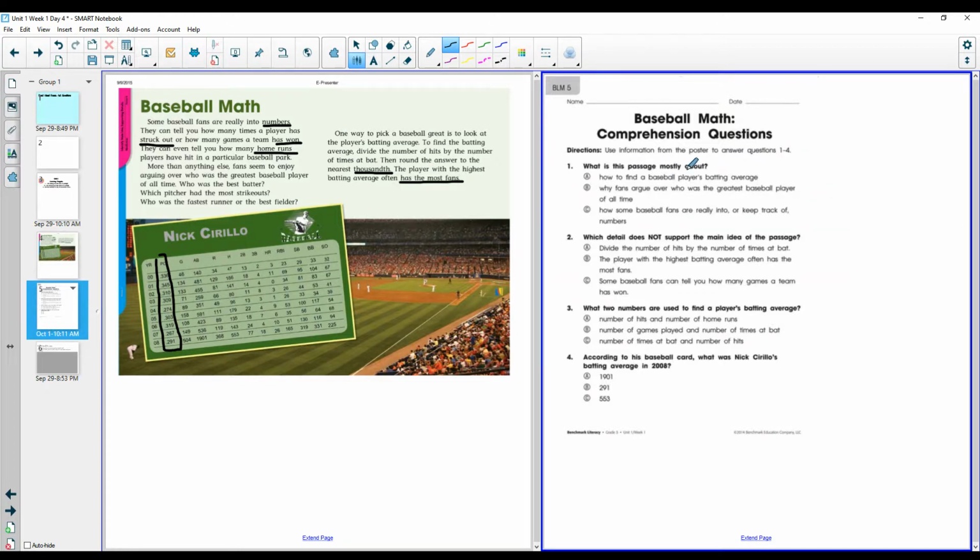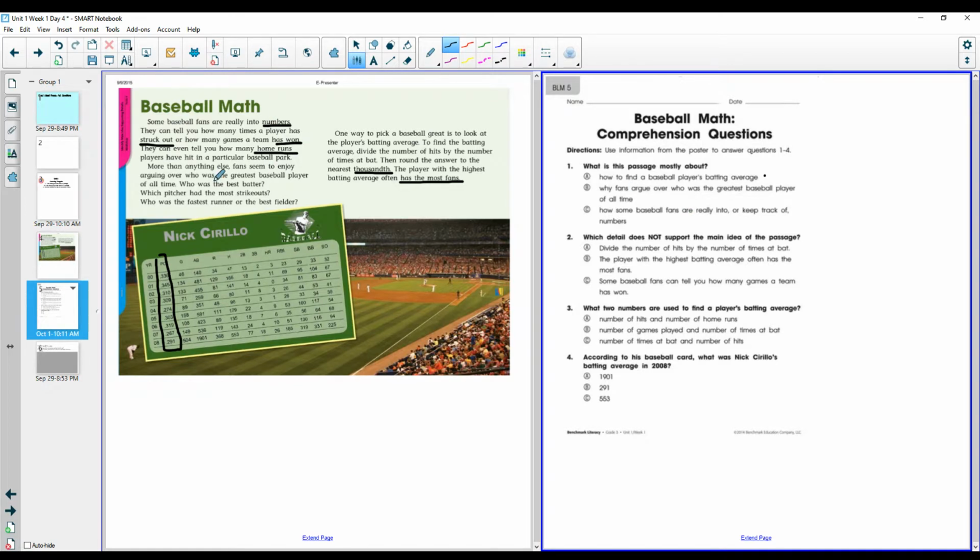What is this passage mostly about? How to find a baseball player's batting average? That was one thing that was mentioned here. Okay, that's a maybe. Why fans argue over the greatest baseball player of all time? How some baseball fans are really into keeping track of numbers.